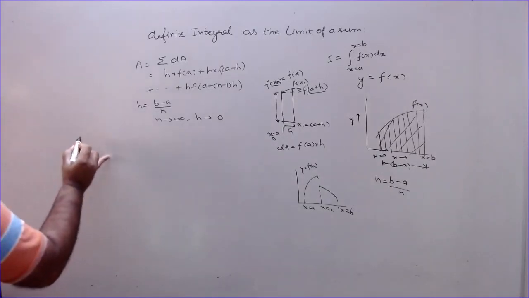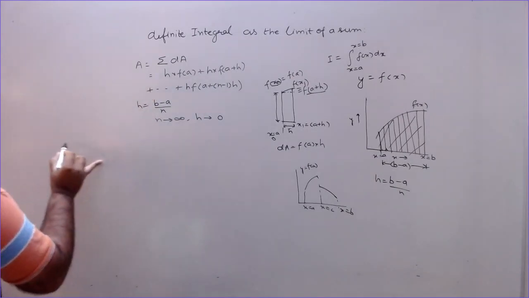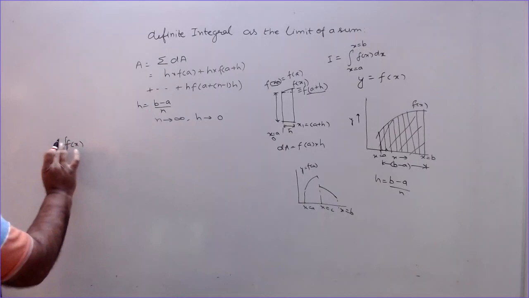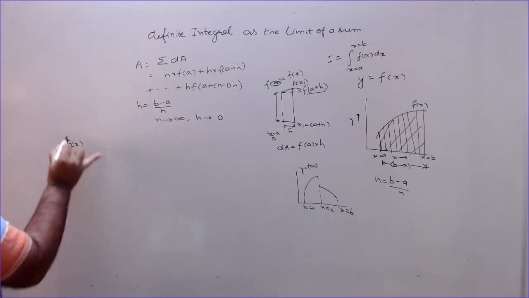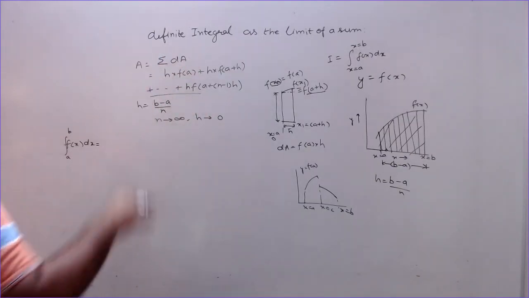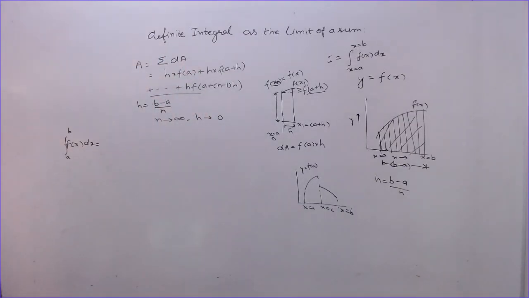So I can write this integral y equal to f(x), or this integral from a to b of f(x) dx, in this term, the total area under this curve, and I can put the value of h here in this expression.